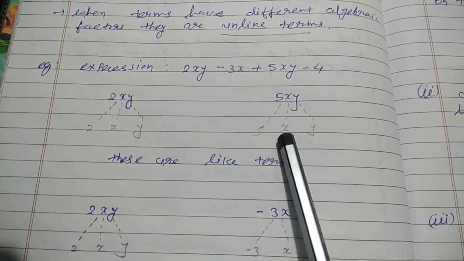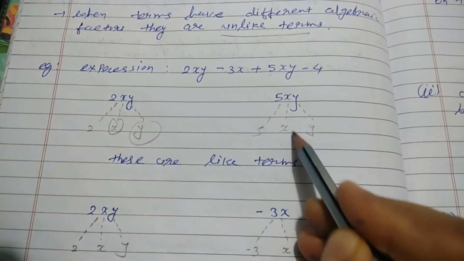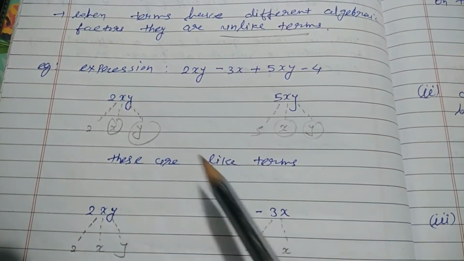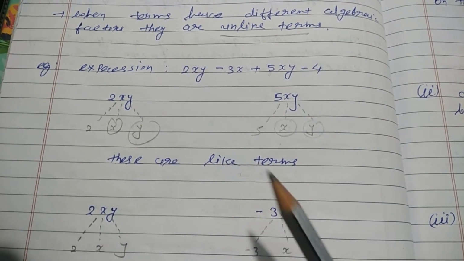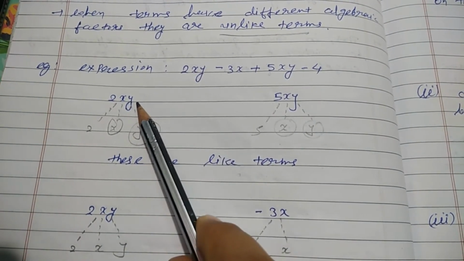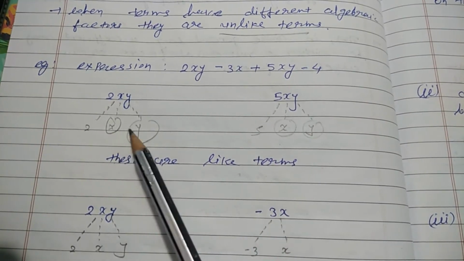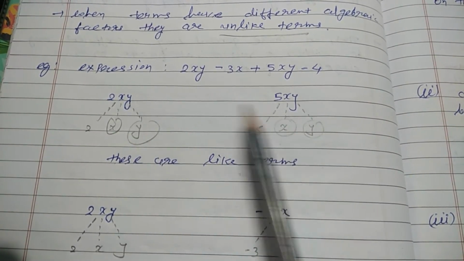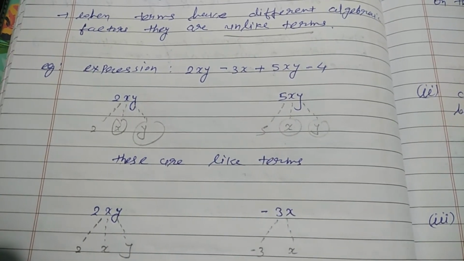Similarly in 5xy, the algebraic factors are x and y. So that's why these two terms are like terms. Again, in 2xy and 5xy, the algebraic factors x and y are the same in both terms. That's why these are called like terms.